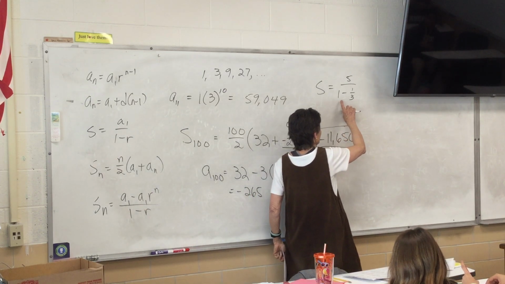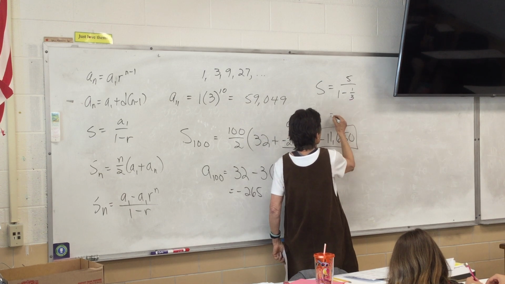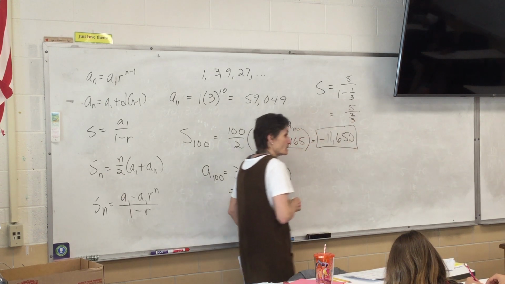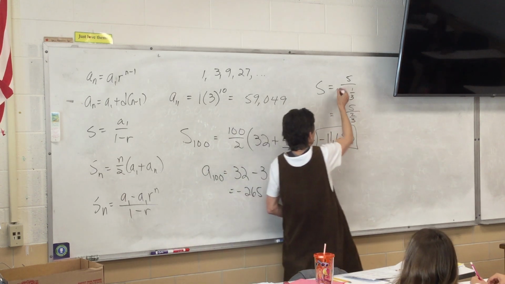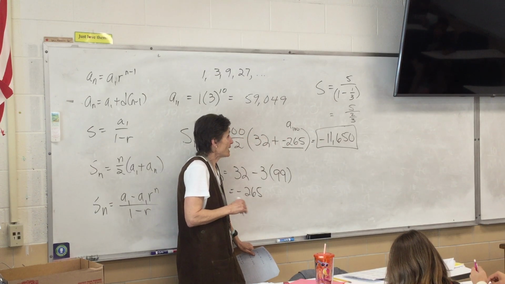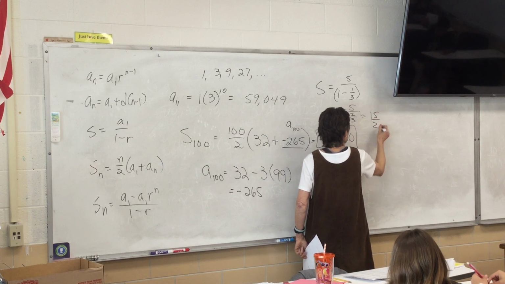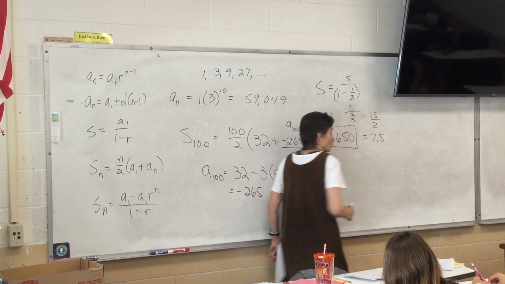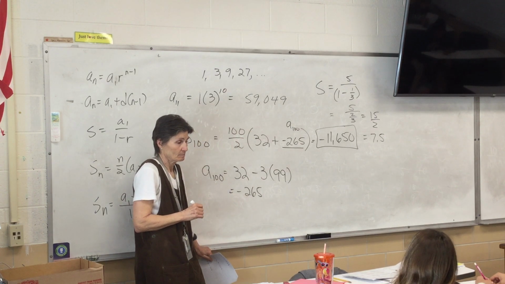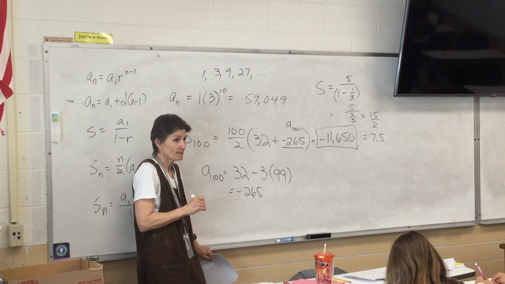I like to subtract this before I divide. So that'll be 5 over 2/3. But you can do it here as long as you put that in parentheses. Any way you do it, you should get 15 halves or 7½ as your final answer. Everybody get that?